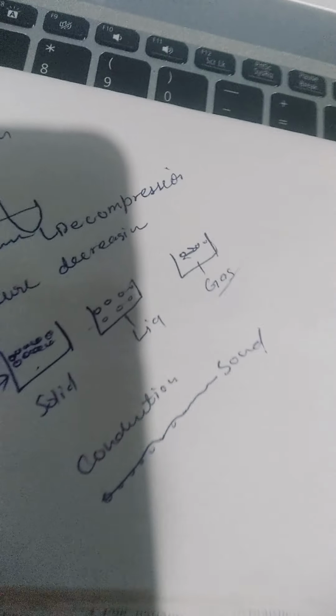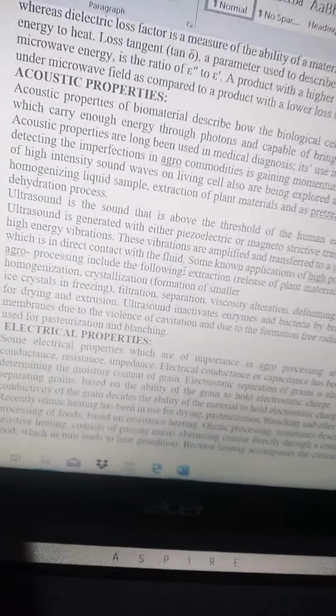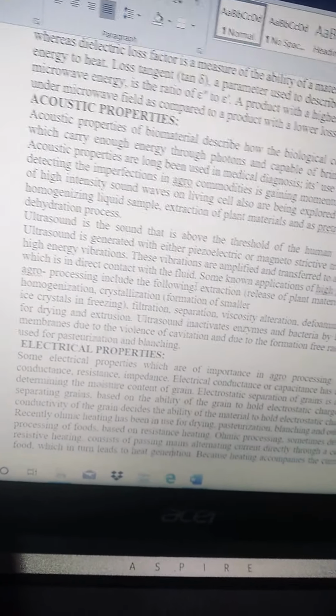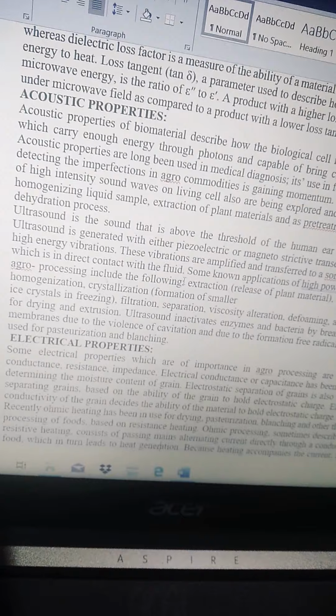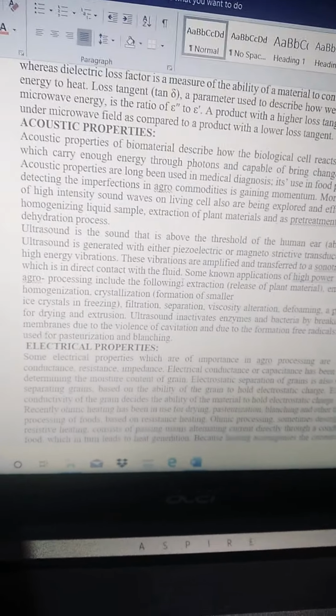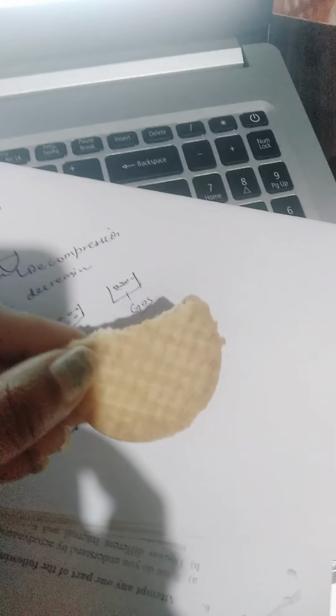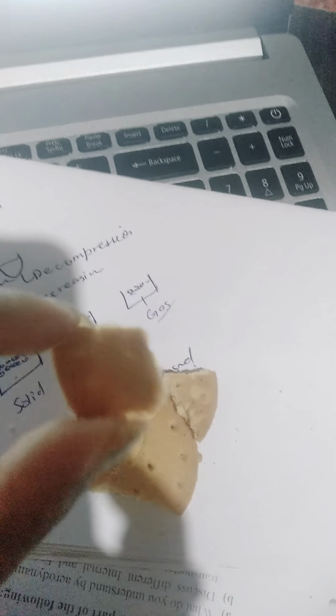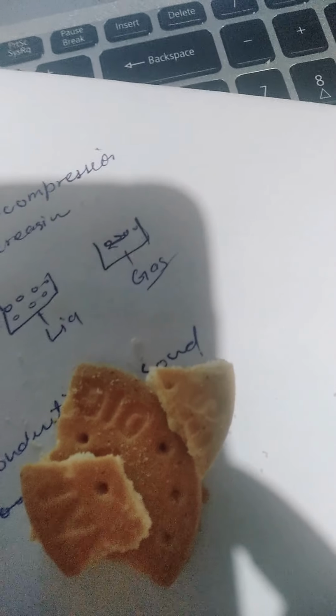Okay. So where can we use this acoustic property? We can use it for determining quality attributes such as crunchiness, crispiness, water activity and firmness of the food material. For example, if we break a biscuit, some sound appears. When it gives that sound, we assume this biscuit is good in quality.